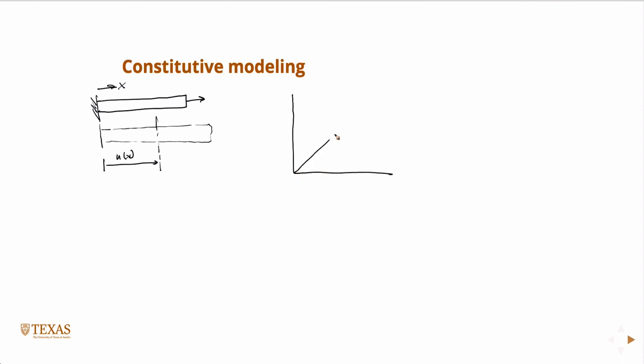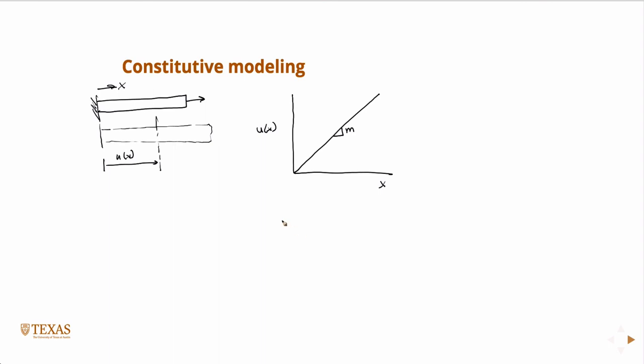let's say for now that the displacement is just linear, right? So this is u of x, and this is x, okay? And let's say we know this slope is m, okay?